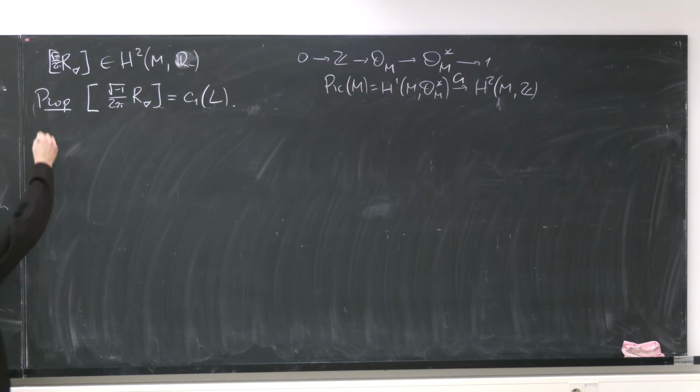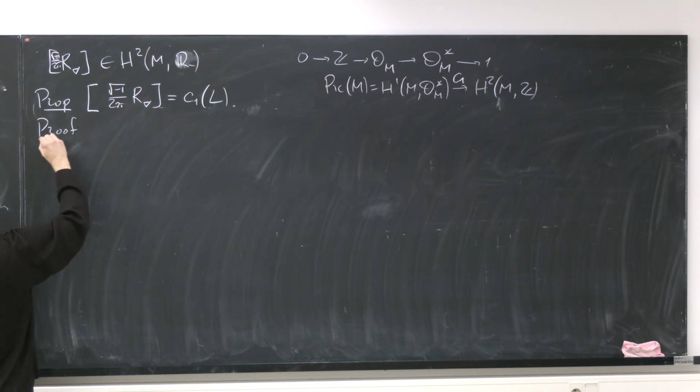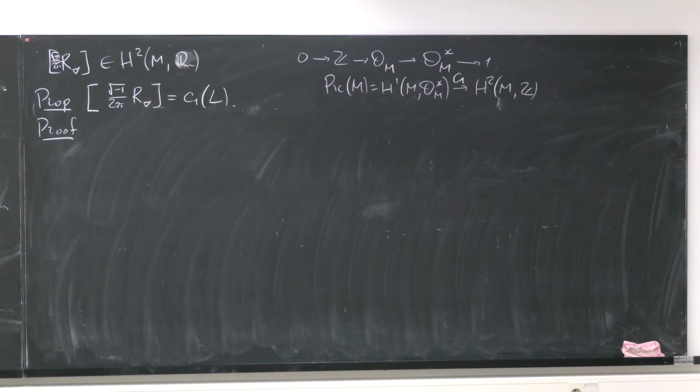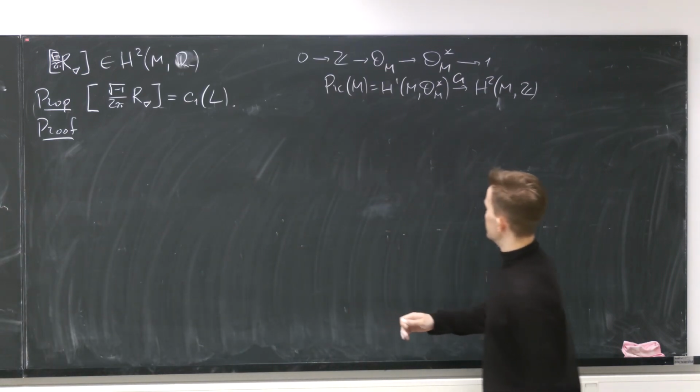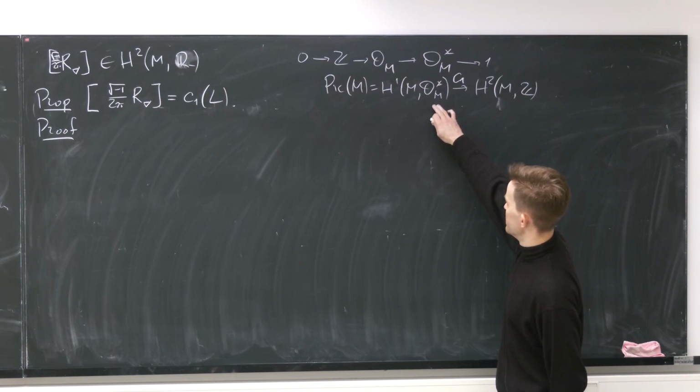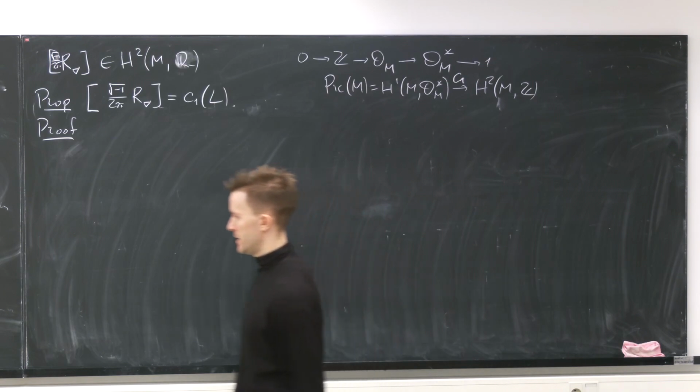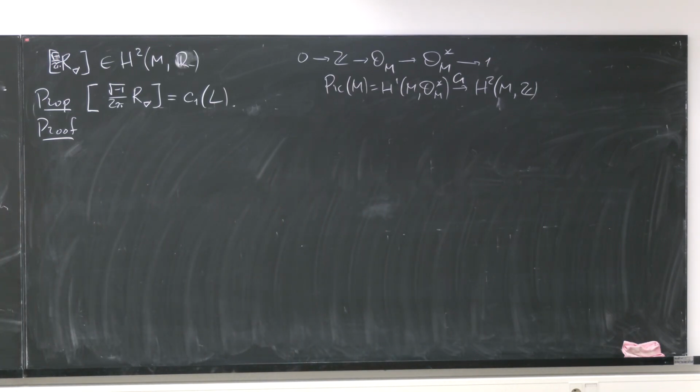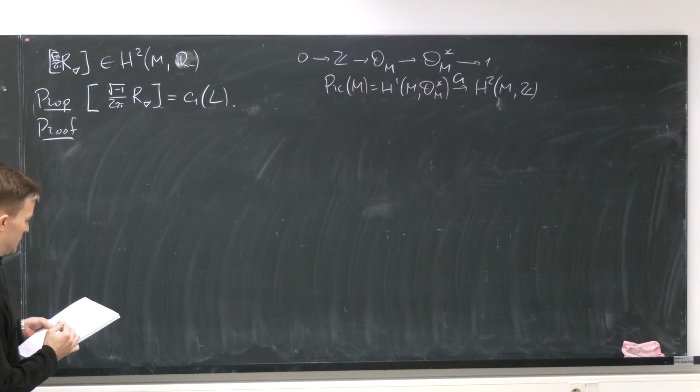Okay, so let me try to do the sketch of the proof quickly and then we will finish here. So the proof is not very easy, it's surprisingly tricky to prove this. Because on one hand we have the description of this line bundle in terms of one cocycle, the Čech one cocycle, and on the other hand we have this curvature form, and then we have to compare these two things.